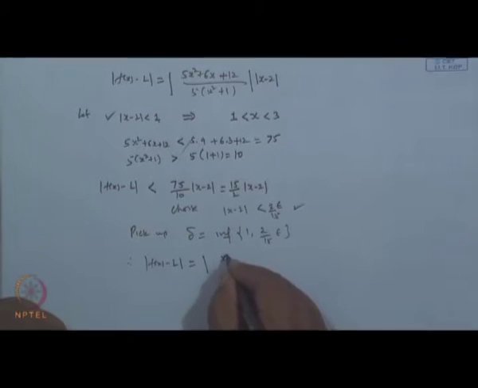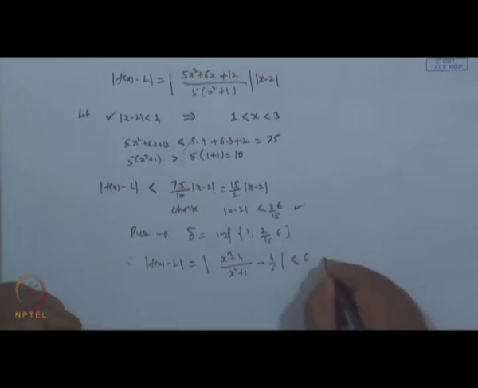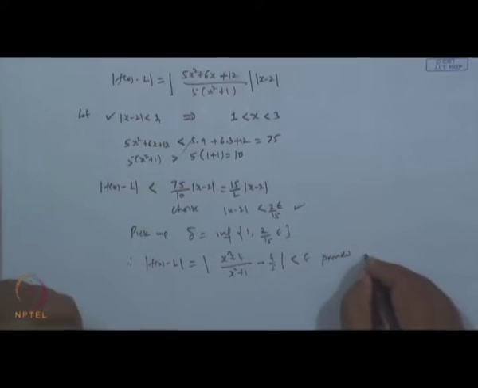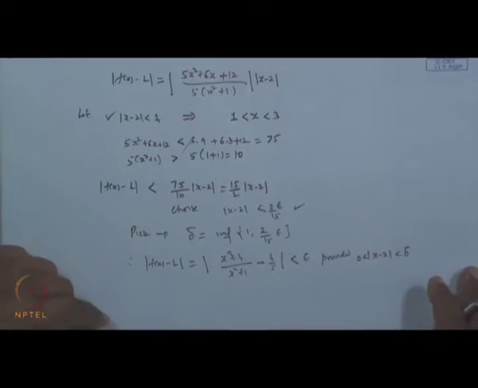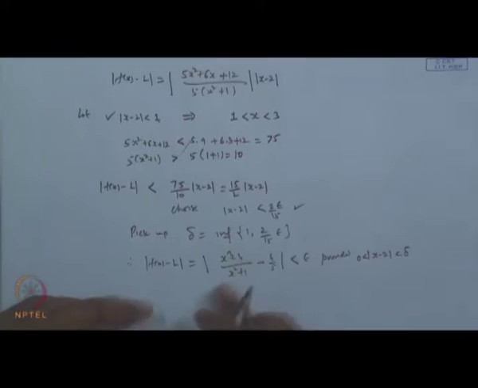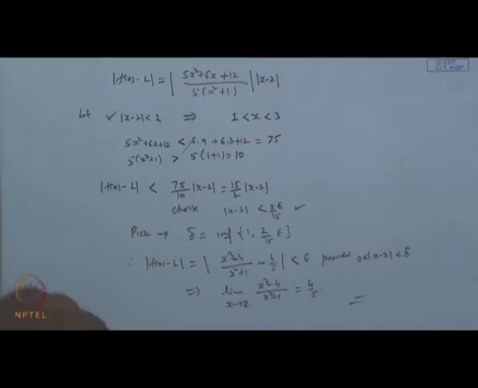Mod of x cube minus 4 divided by x square plus 1 minus 4 by 5, the problem was. This will be less than epsilon provided mod x minus 2 is less than delta and greater than 0, because x may not be 2, but here of course there is no problem, we can also take 2. Okay. So, we can choose them. Therefore, the limit of x cube minus 4 over x square plus 1 as x tends to 2 is 4 by 5, and that is proved.